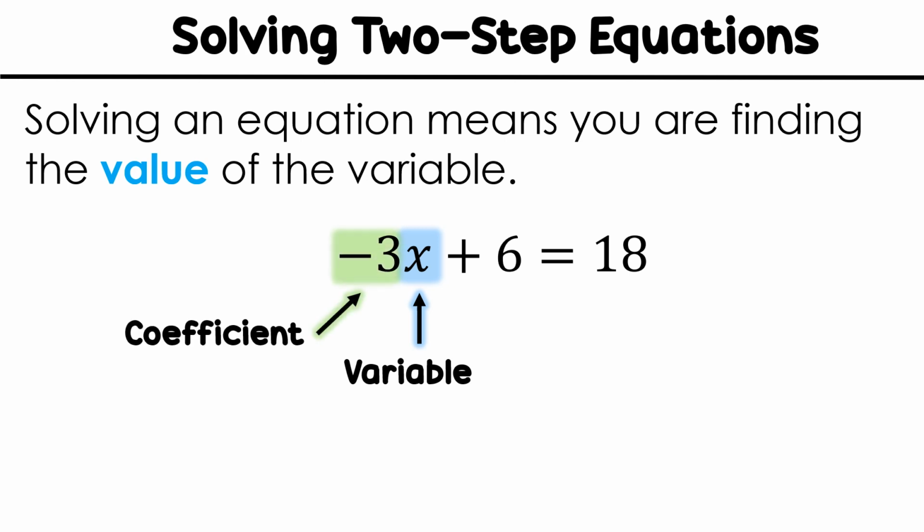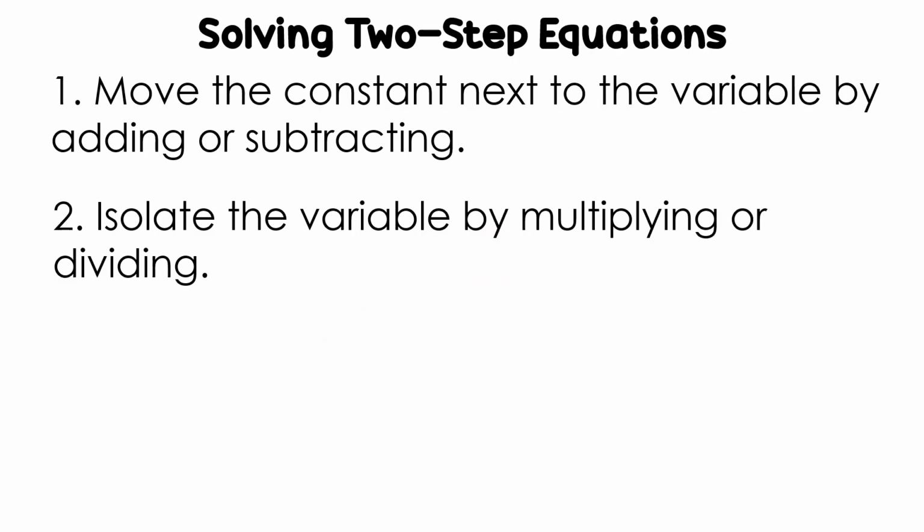Negative 3 is called the coefficient. It is the number that is being multiplied by the variable. And positive 6 and 18 are called the constants. When solving two-step equations, your first step is to move the constant that is next to the variable by adding or subtracting.